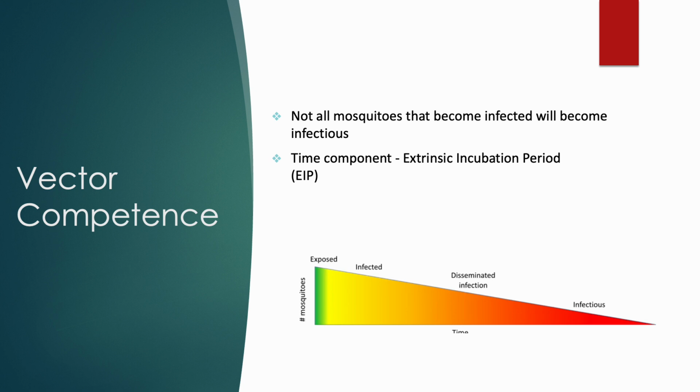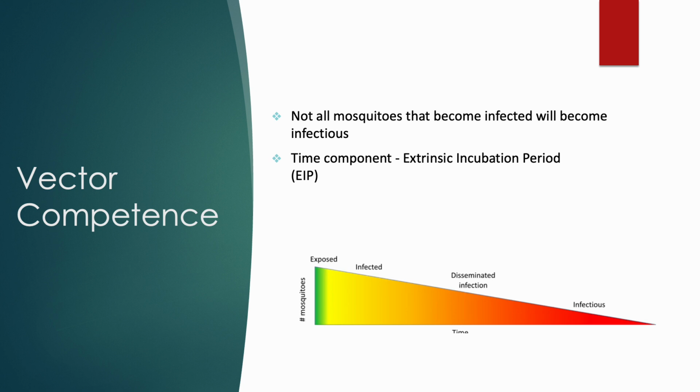The time component is called the EIP, or extrinsic incubation period, and it's defined as the time between exposure of the mosquito to an infectious blood meal and the mosquito actually transmitting. The duration of this incubation period depends on temperature as well as the species.